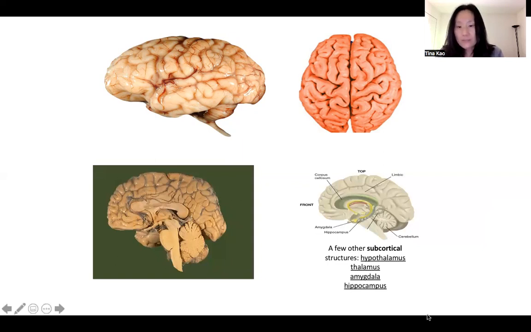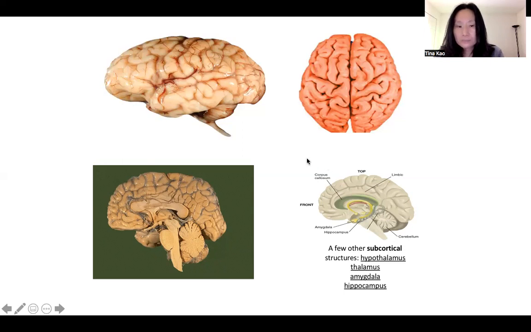So, for example, when you have fear and aggression, neurons within the amygdala get activated. When you are encoding your long-term memory, so learning and memory, neurons within the hippocampus get activated, and so forth.